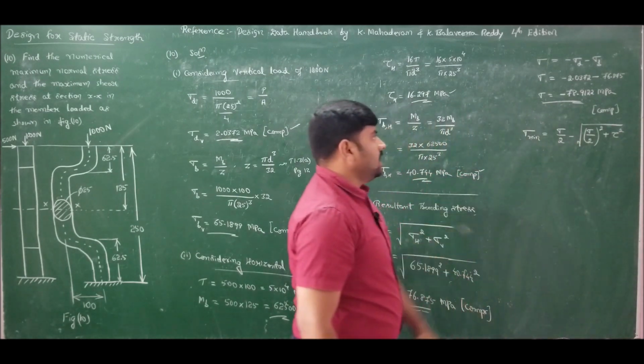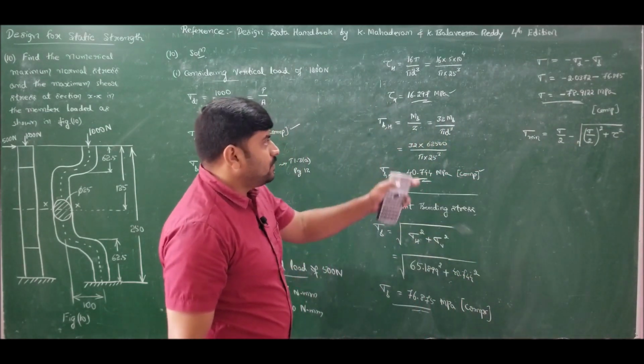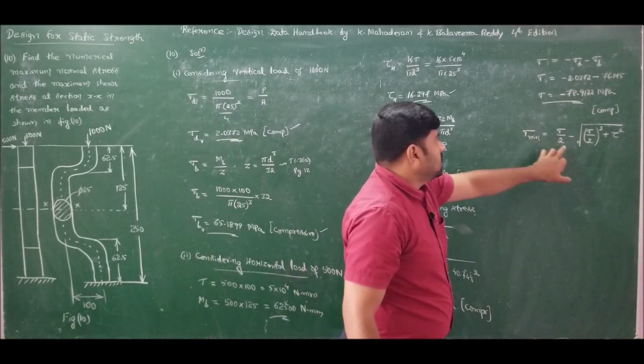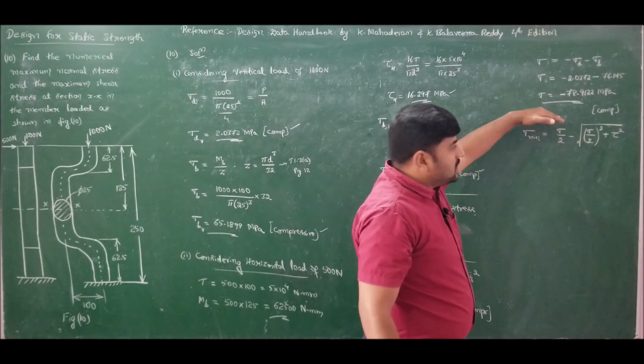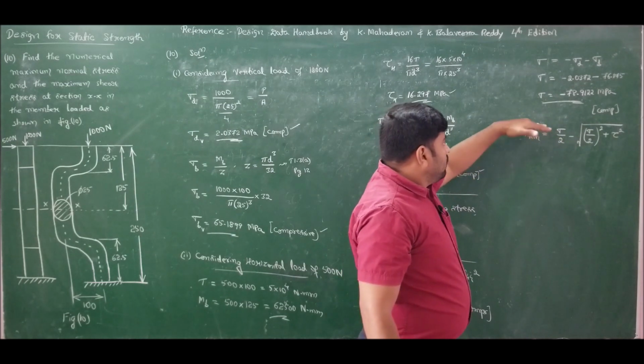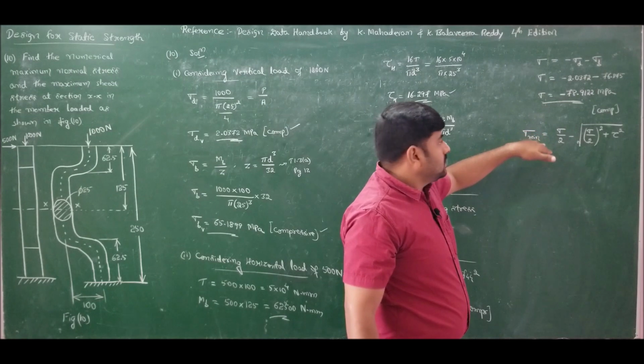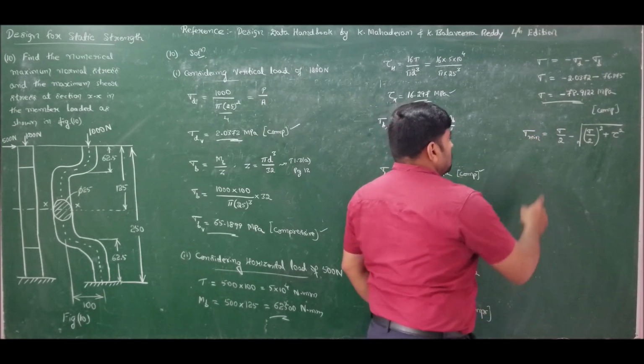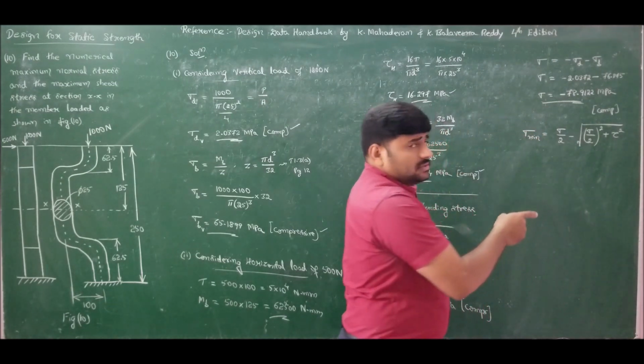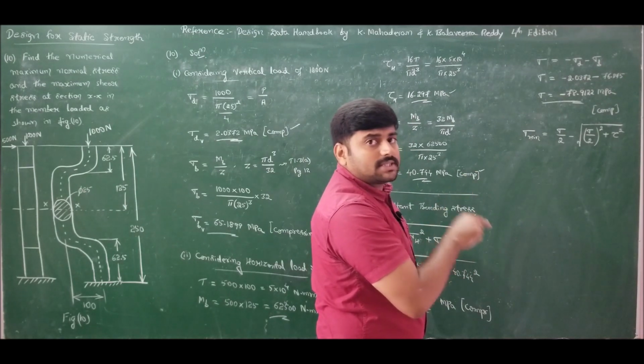This will give us the maximum value. If I use plus, since here I have minus, that will give us the minimum. So for compressive stresses, minimum principal stress theory will give us the maximum, and maximum principal stress theory will give us the minimum value. So if I use this, I will get the numerically maximum normal stress.